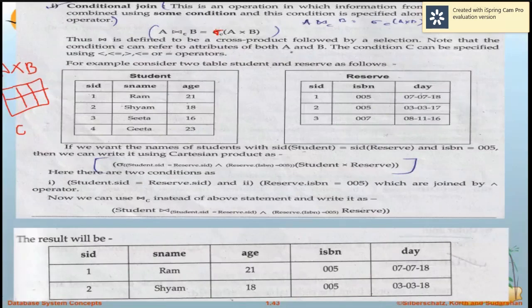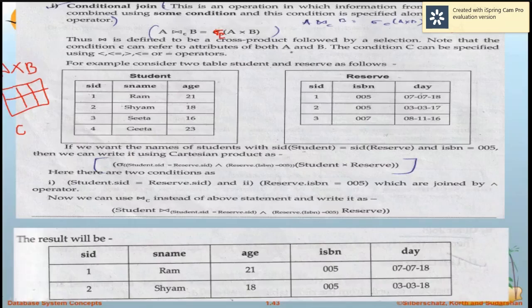If you are imposing a condition in a sigma operator for a product of A and B, that is nothing but a join. I can simply call it a conditional join. So how do you represent a join? Join is represented by two triangles facing each other.